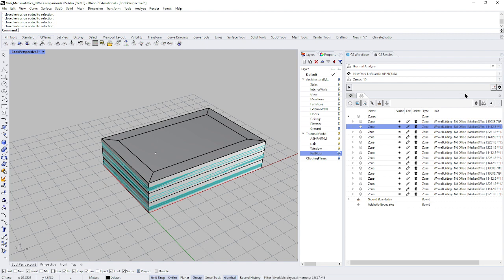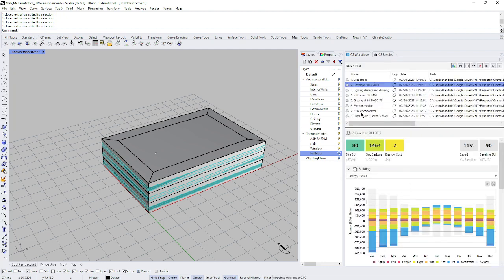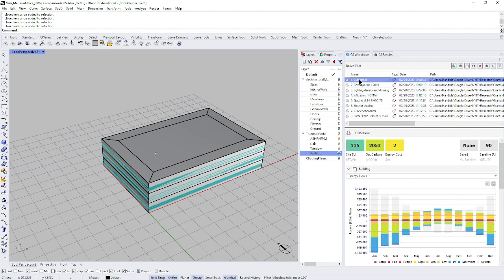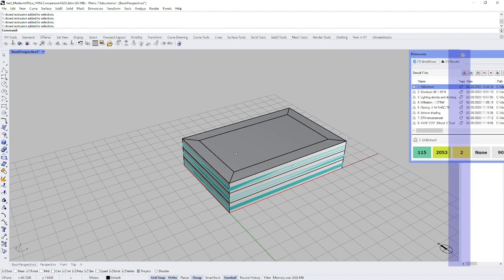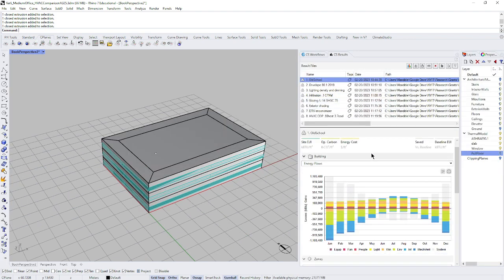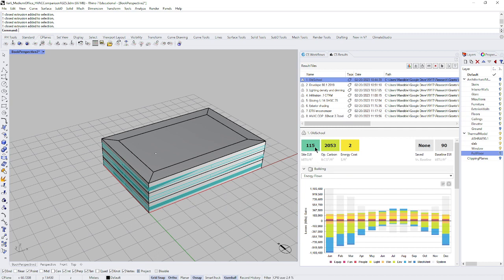All right, so I've run a bunch of simulations. Let me go to the first one. Let's just look at what we have here. We have site EUI, that's energy use intensity.